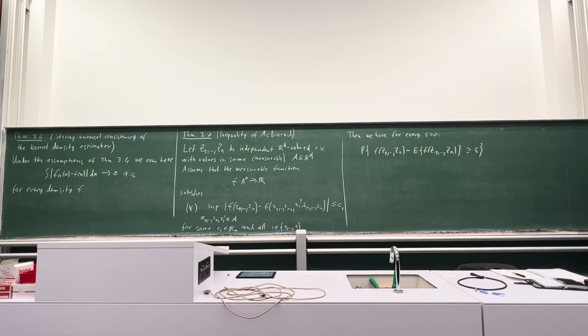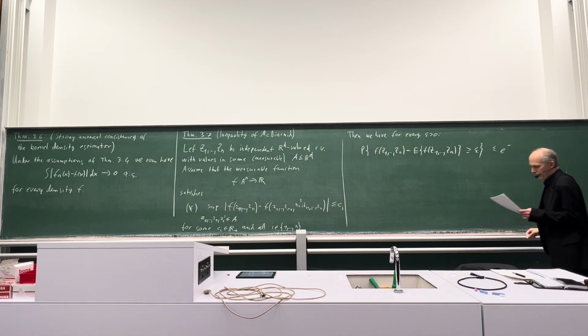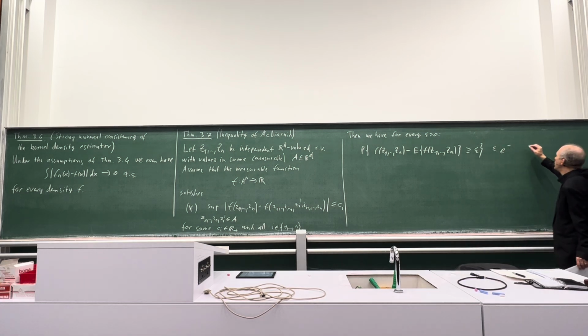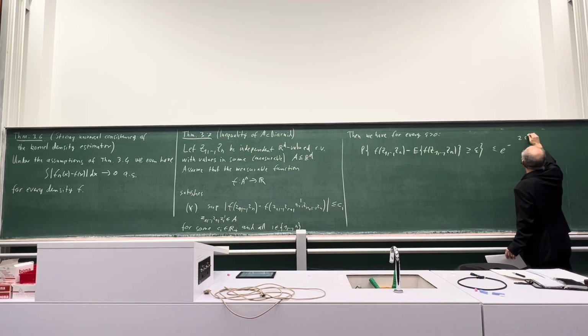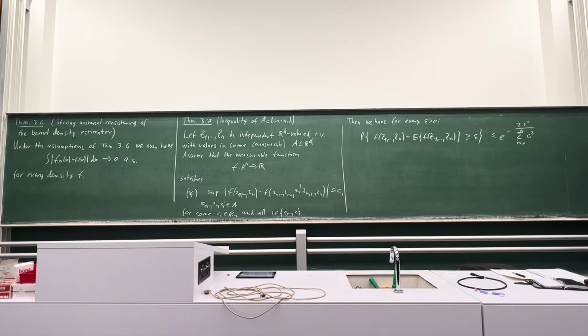is less than e to the power minus 2 epsilon squared over the sum for i equal 1 to n of ci squared. And the same holds if you look at the deviation not from the expectation to the right, but also from the expectation to the left.